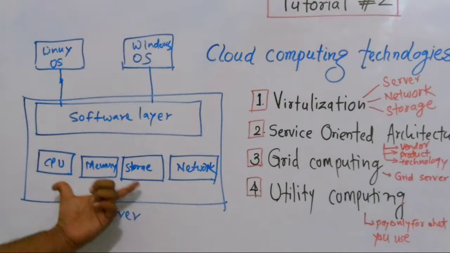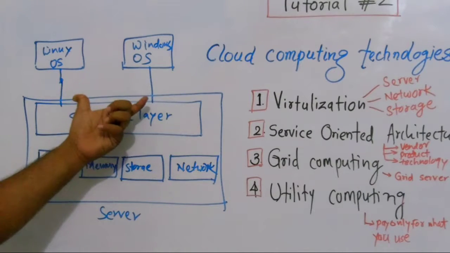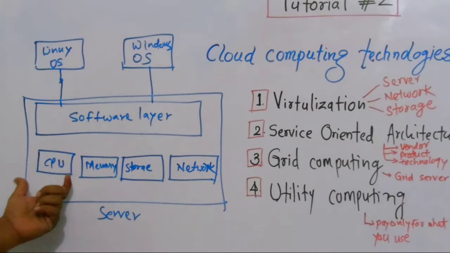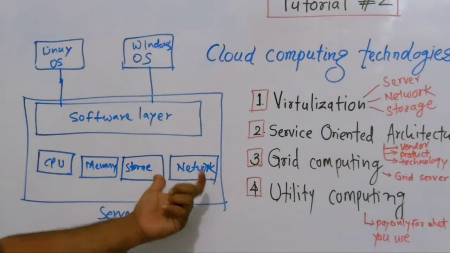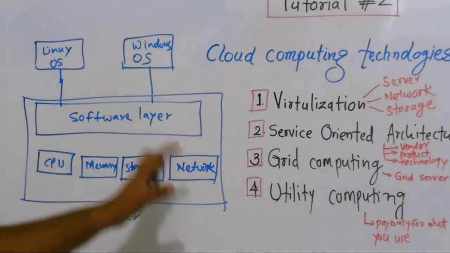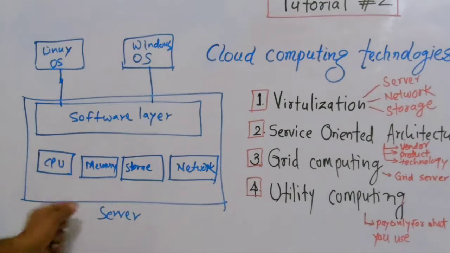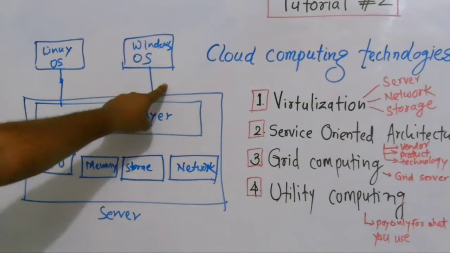Basically we are abstracting these physical resources and sharing them across various operating systems, so that we can completely utilize the CPU, memory, storage, and networking bandwidth available on the server. That is what is called virtualization. So if the RAM is, let's say, 8 GB, it can be shared as 4 GB to Linux and 4 GB to Windows.